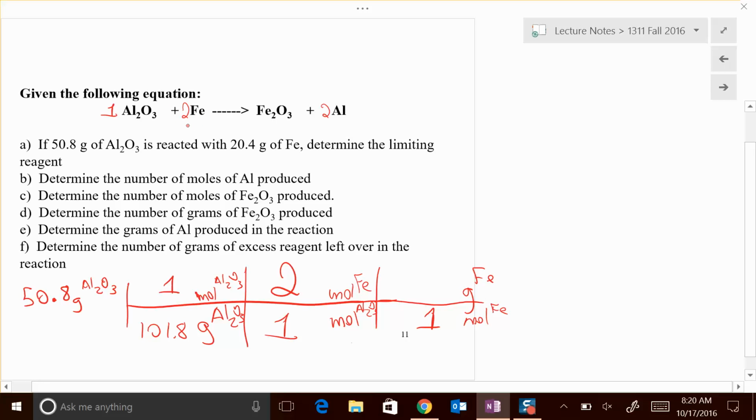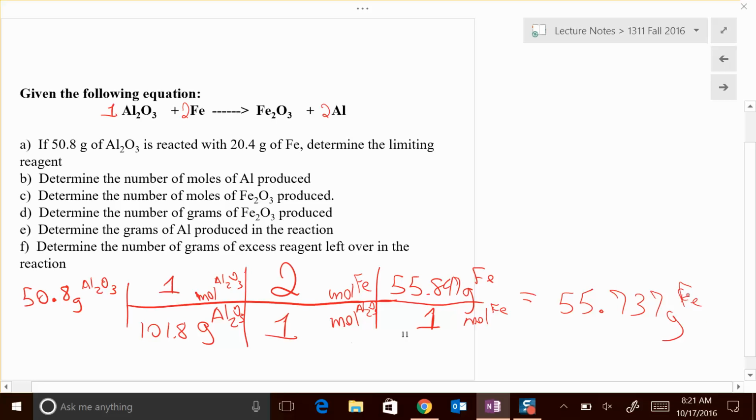Grams of iron, 55. Okay, so 50.8 times 2 times 55.847 divided by 101.8. What do you get? Grams of Fe.